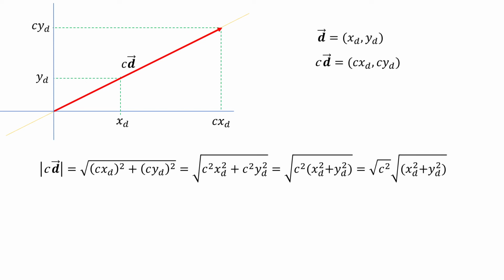Then we do some math magic, and at the end we're going to get square root of c squared times square root of xd squared plus yd squared. Now if you look at that, you'll see that square root of c squared is the absolute value of c, and square root of xd squared plus yd squared is actually the length of the vector d.